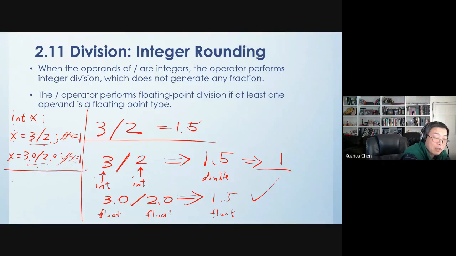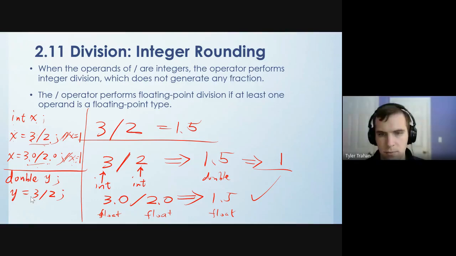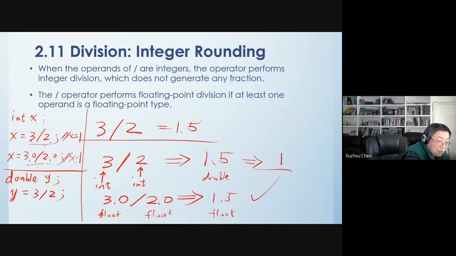Now let's try another case. double y. So y equals 3 / 2. What is the value of y going to be? Would it be 1.5 because it's a double? Okay, because y is a double, right? Now look at this. 3 is an integer. 2 is an integer.